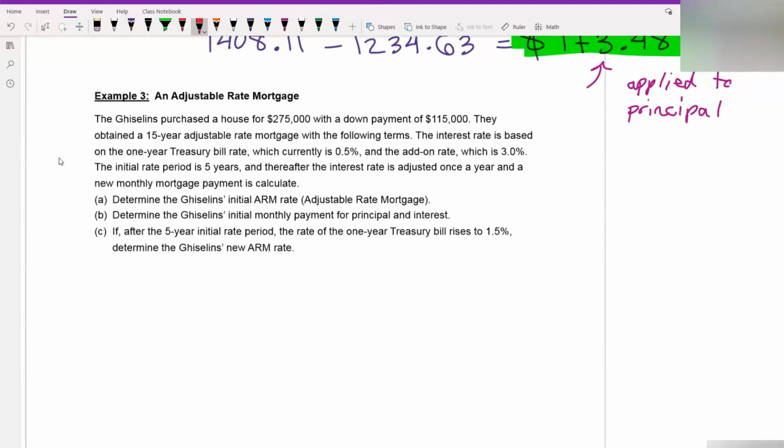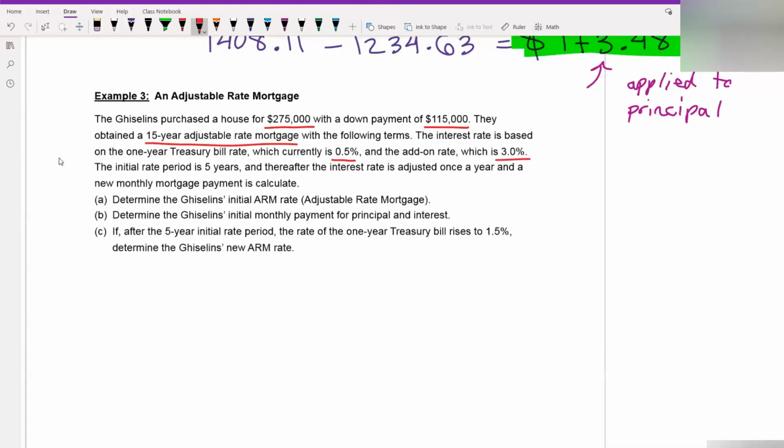They purchased a house for $275,000 with a down payment of $115,000, and obtained a 15-year adjustable rate mortgage. The interest rate is based on the 1-year Treasury bill, and that was 0.5%, and the add-on rate is 3%.